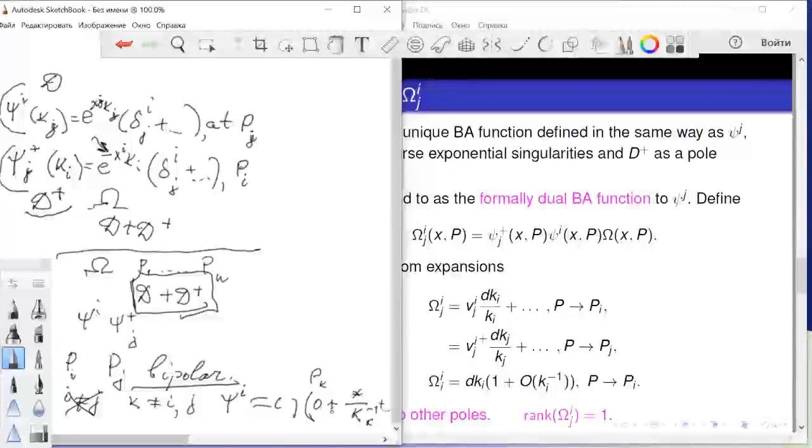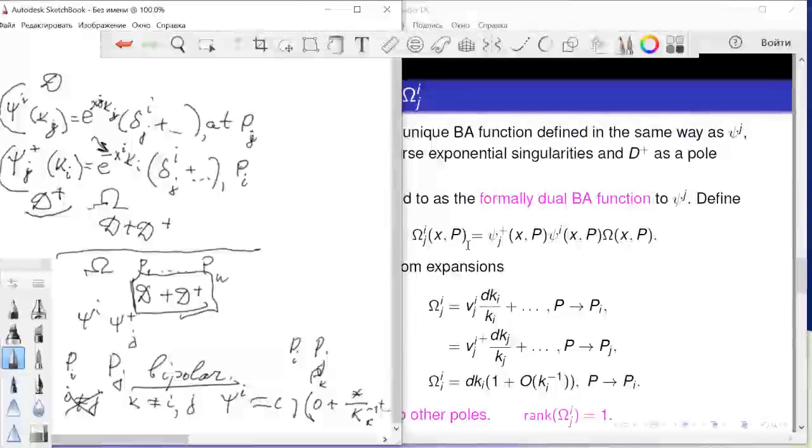So for this reason, psi j, psi i, and psi j cross have just zeros at all points except for pi and pj.